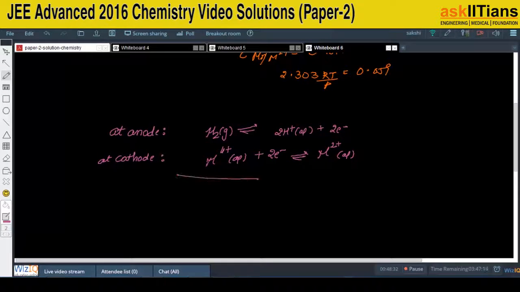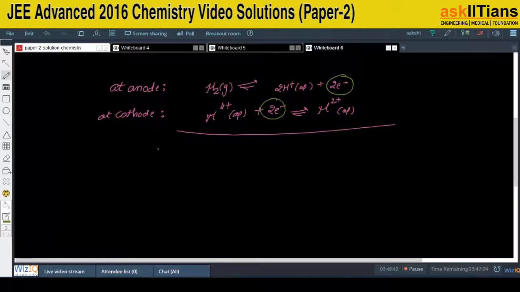Now you have to first of all write the balanced chemical equation. My dear students, please keep in mind that these 2 electrons should be equal. Then only you will be able to get the balanced chemical equation. So hydrogen gas plus M plus 4 aqueous is going to give us 2H plus aqueous plus M2 plus aqueous.